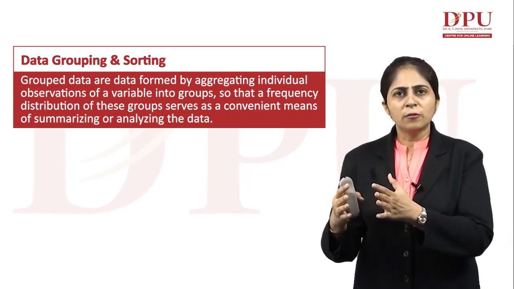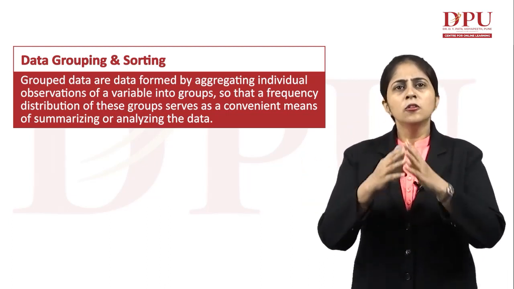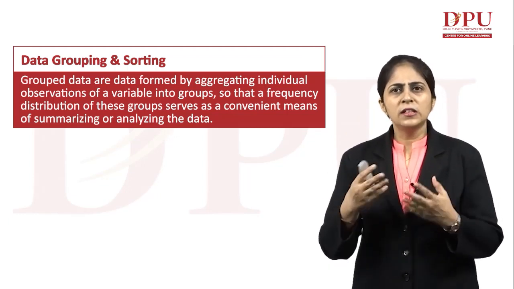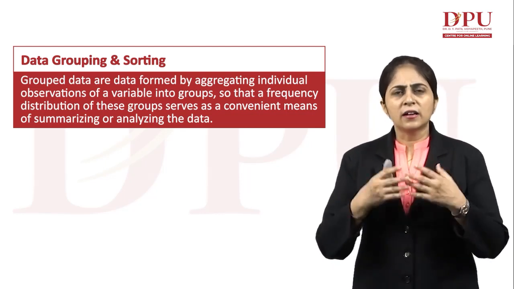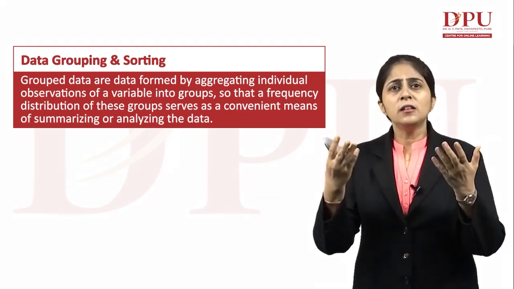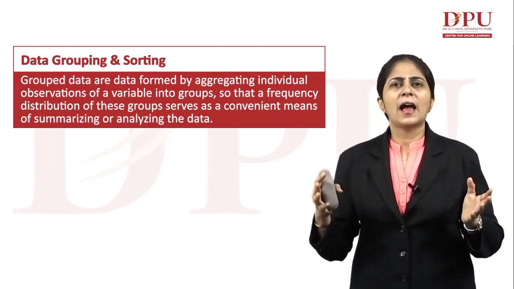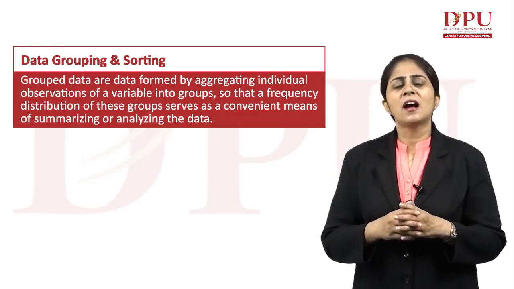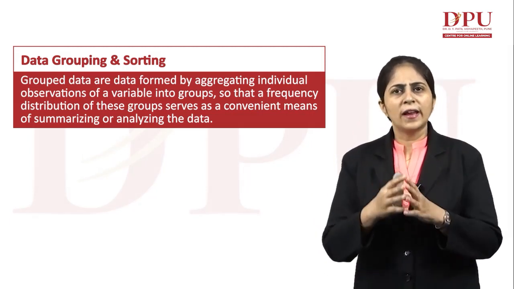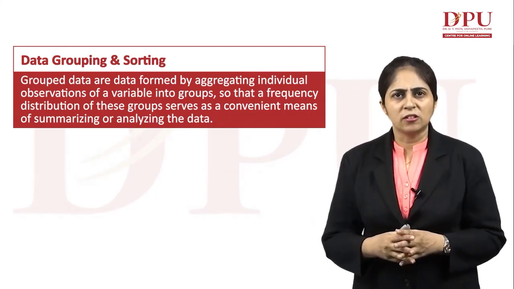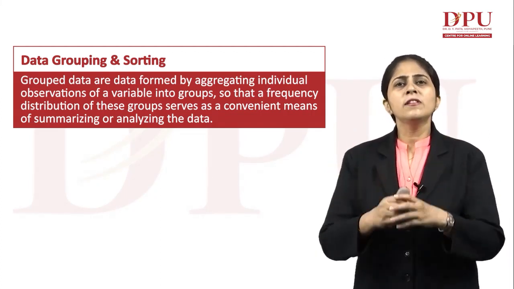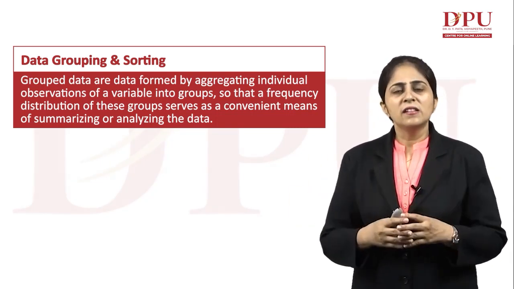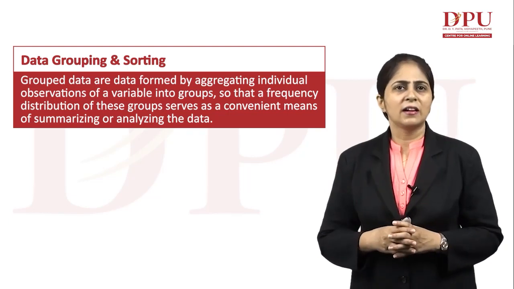If we have certain observations, we aggregate them together to form a proper group, so that the frequency distribution of these groups serves as a convenient means of summarizing or analyzing the data.